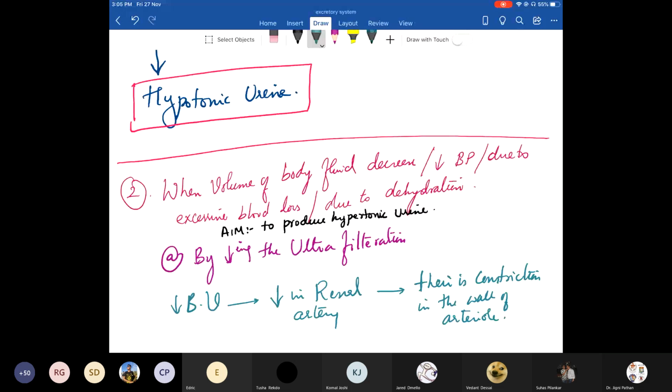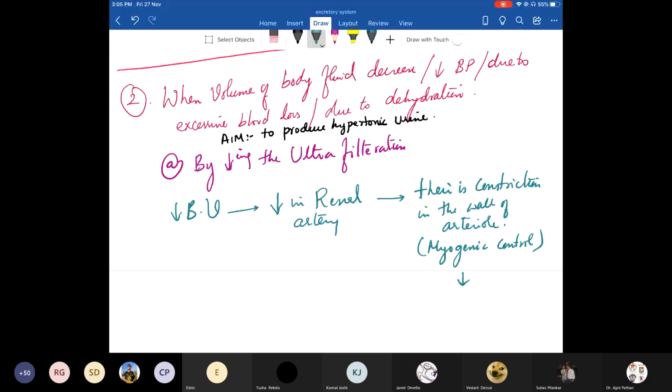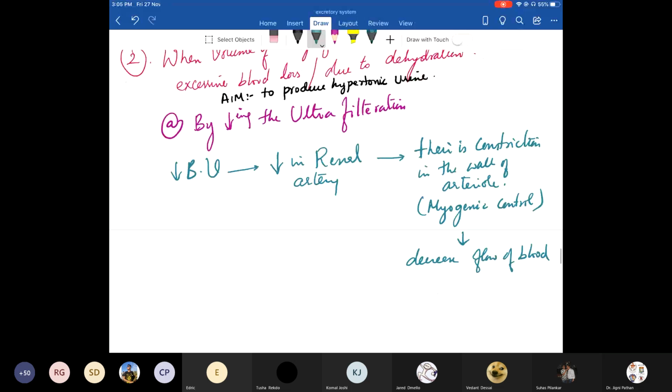It's called myogenic control. When there is myogenic control, this leads to decreased flow of blood, so a decrease in filtrate or GFR.